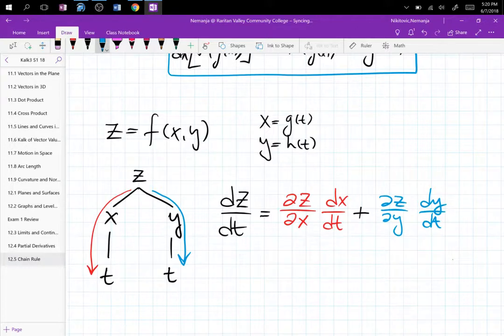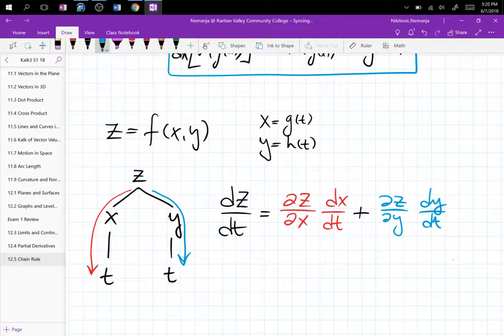Once you have the tree, you follow branches all the way from the dependent variable, z, w, whatever it is, all the way down into the parameter variables at the very bottom. You will go each branch separately, how many branches you have, and again, every time it branches, you use partial derivatives. Anytime it goes straight through, you will be using regular derivatives.